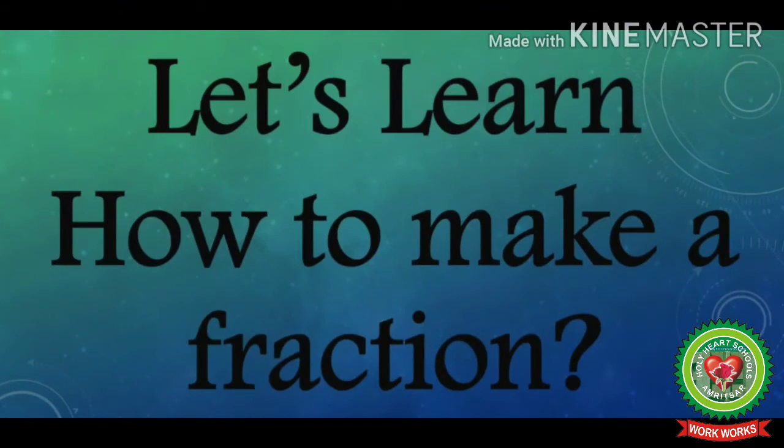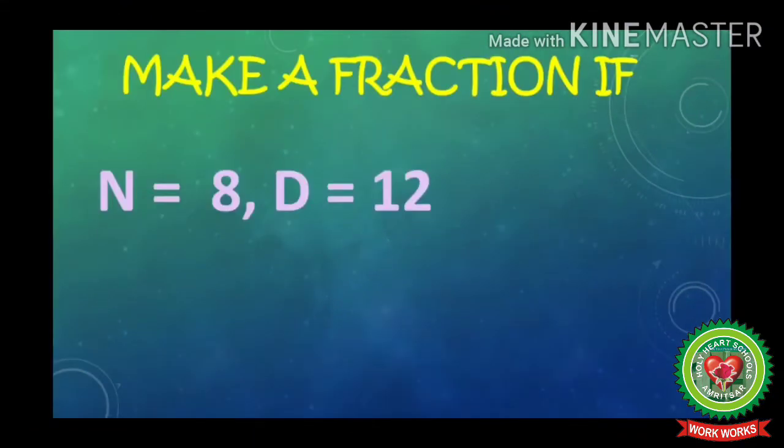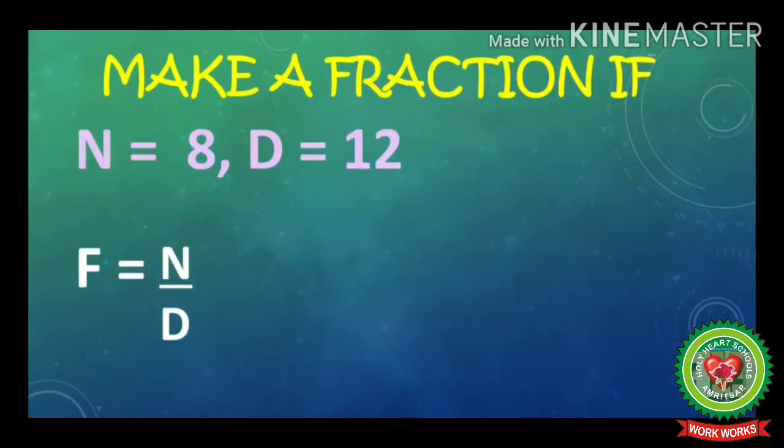Now children, let us learn how to make a fraction. Our first example is: make a fraction if N, that is numerator, is equal to 8 and D, that is denominator, is equal to 12. First of all, we will write what is fraction. We will denote fraction with capital F. So fraction is equal to numerator upon denominator.